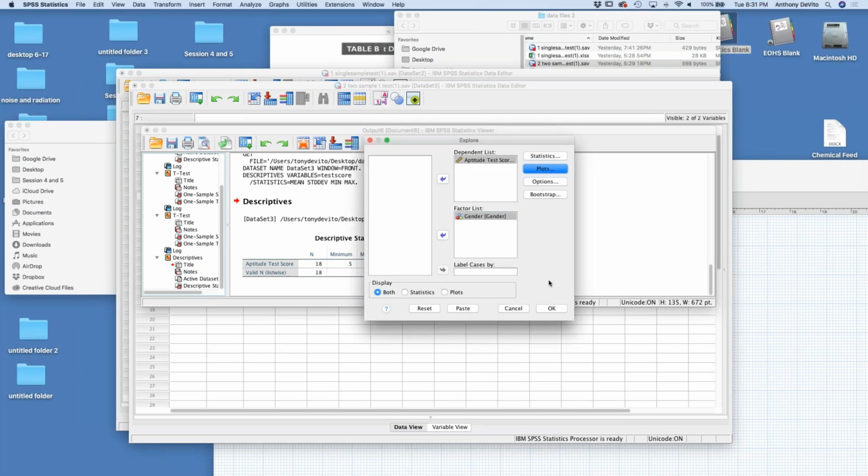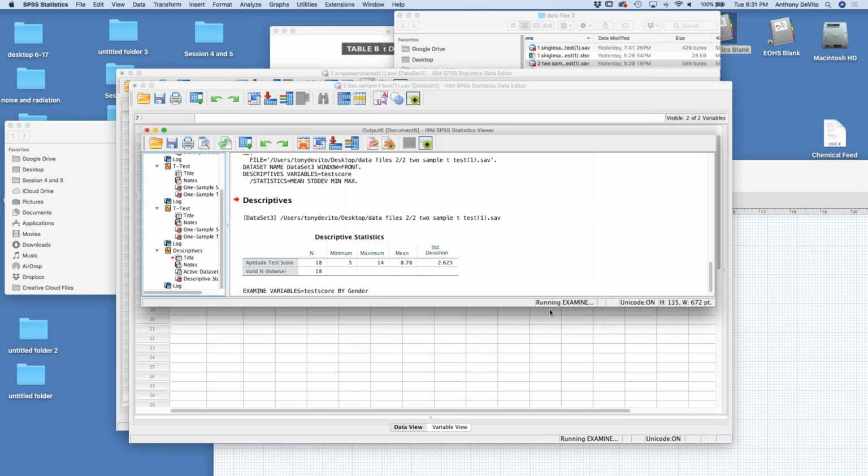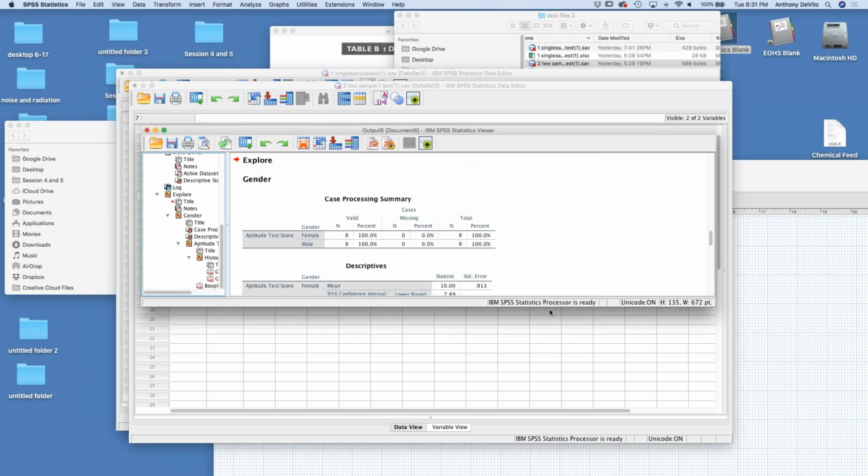So now, when I click OK, I should get both side-by-side box plots and statistics for the means, standard deviations, etc., for males and females on these test scores, separately from one another. So let's click OK. Let's see what my output table looks like. Here we go.